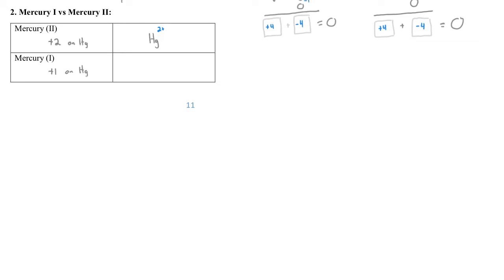It turns out that mercury 1 is only formed when 2 mercury atoms are bonded together, as in a diatomic molecule. So if you want to picture mercury 1, this is a good visualization for it. We have 2 mercury atoms stuck together. Each mercury has a +1 charge. What would the overall charge of this entire bit be? That's correct.